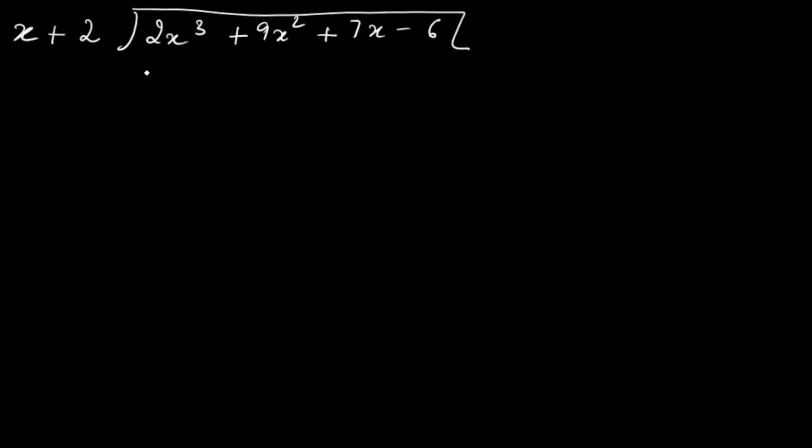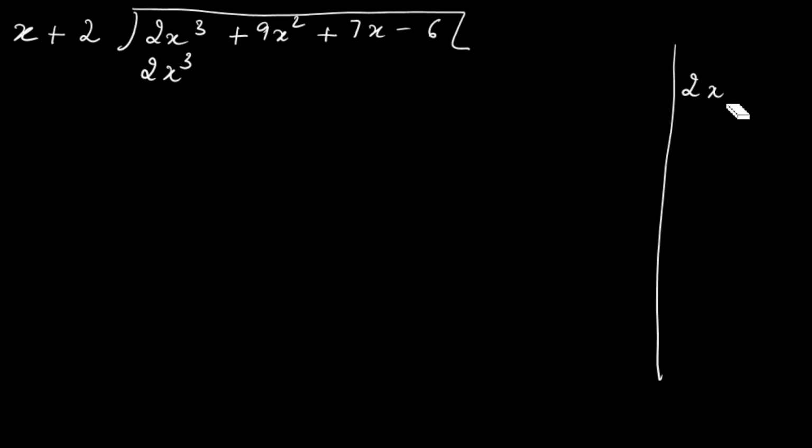So let's divide. In division, a few steps you have to perform, so do it as it is so that there won't be any mistake. First, write the first term the same, 2x cube.